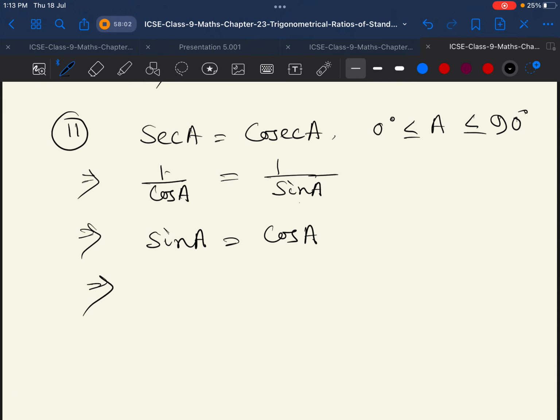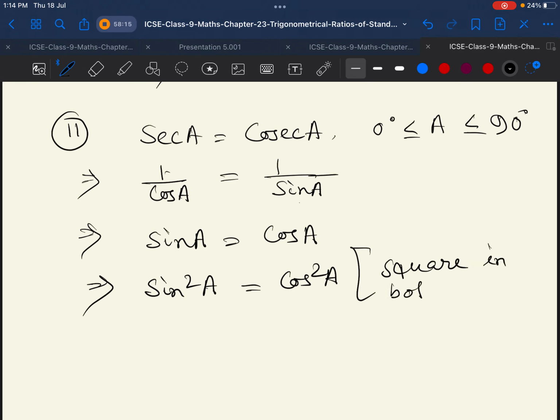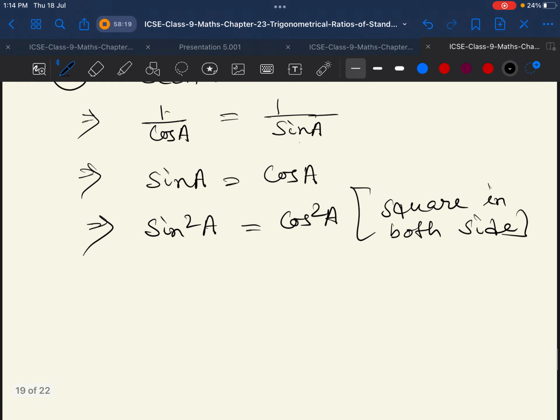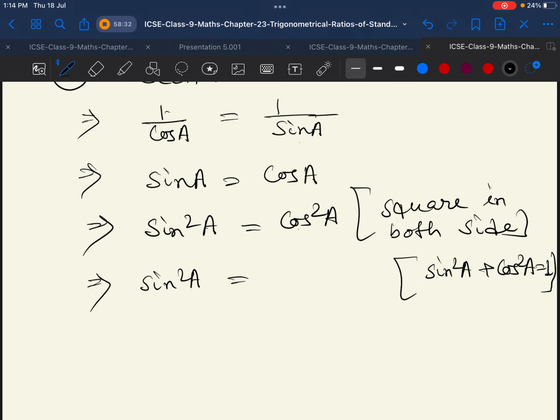Okay, so now squaring both sides, we will get sin square A equals to cos square A. Now we know sin square A plus cos square A equals to 1.